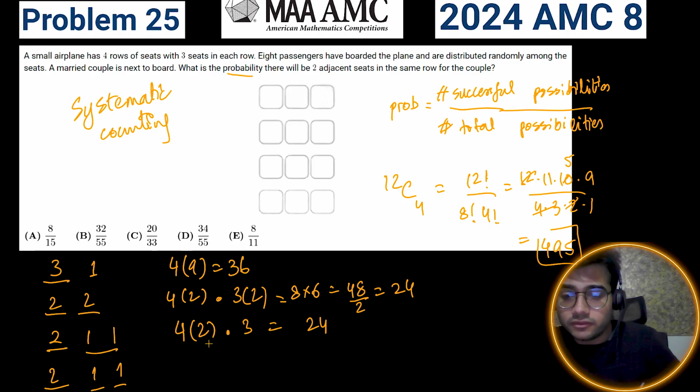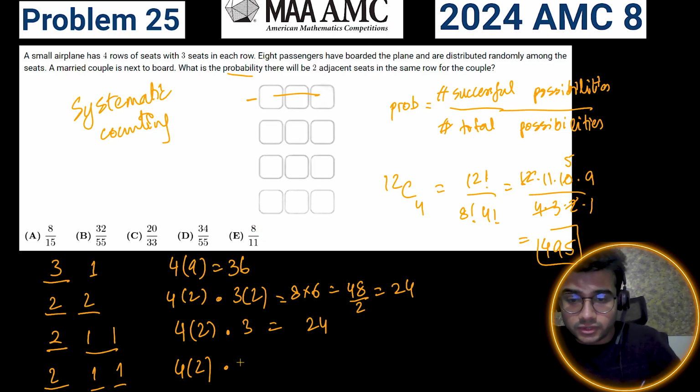So let's see. Again, similarly, first of all, we choose the row with the two adjacent seats. There are 4 possible rows, and in each row, there are 2 possibilities for adjacent seats. So that's 8 possibilities times. Now, this is important. See, let's say this is a row having 2 adjacent seats. Now, from the remaining 3 rows, we have to choose a row.